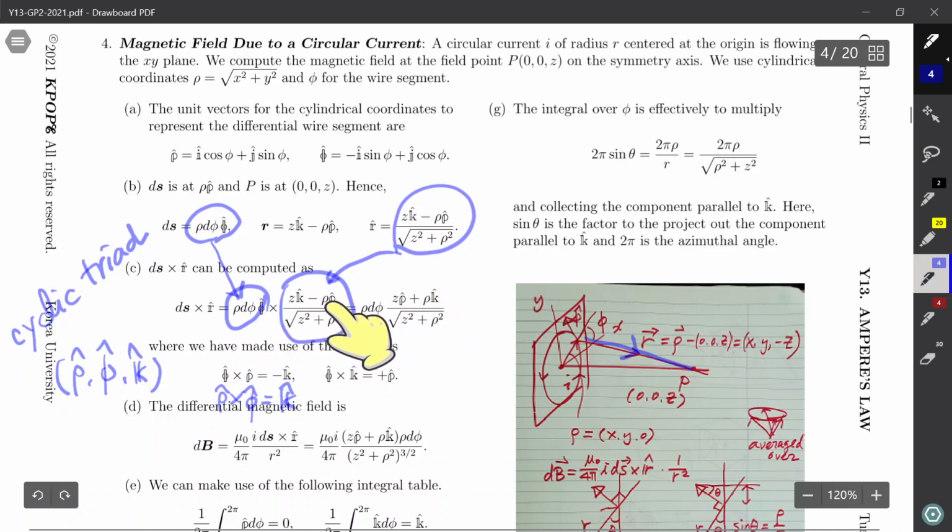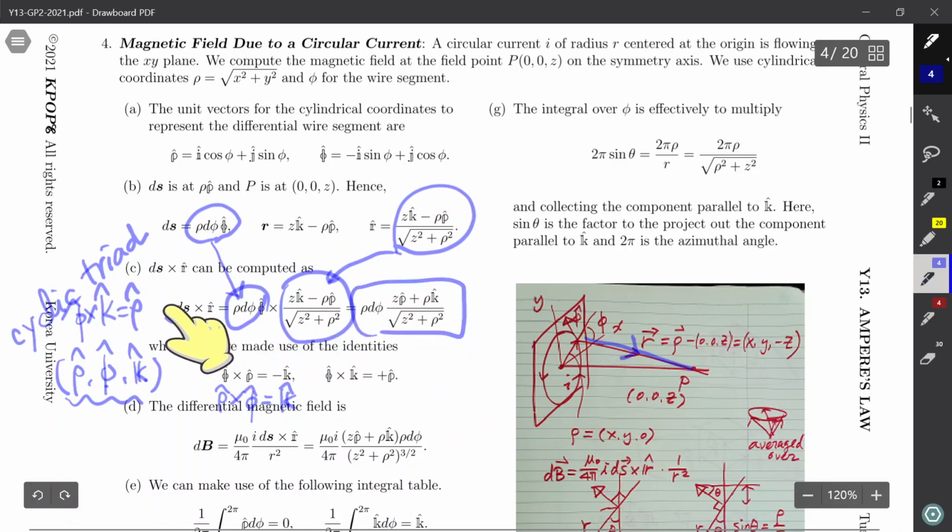Phi cross k hat, according to this, equals rho. So z rho hat, so this is this. And we substitute this result in here. We have mu 0 I over 4 pi r, and what is r?